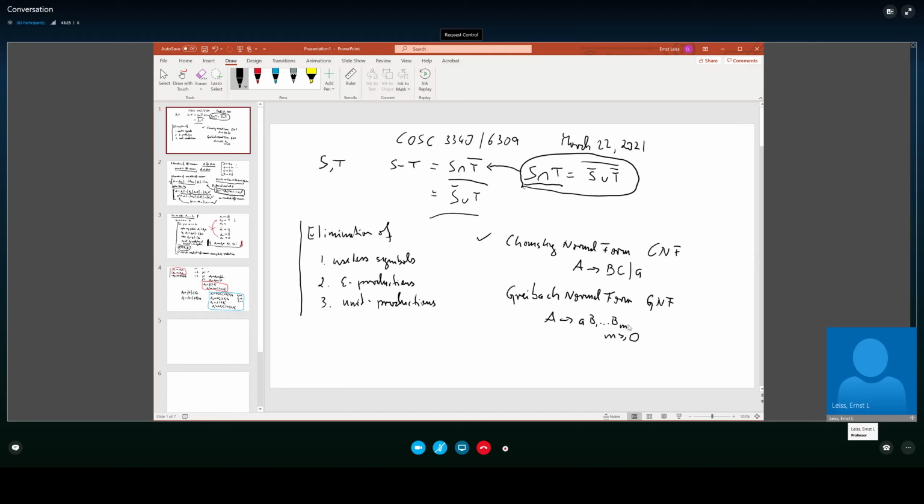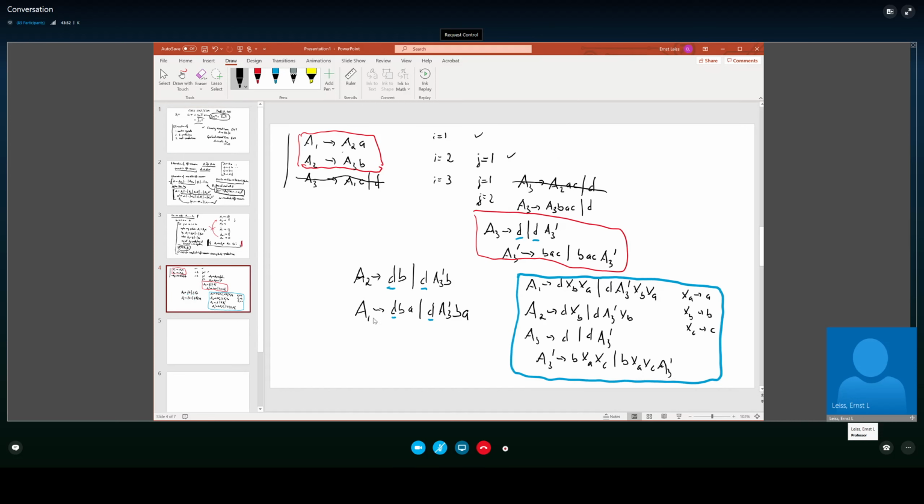So what we have here is the A1 is little d, little b, little a. That production isn't quite correct, because yes, it starts with a terminal, but then it needs a variable here and it needs a variable here. Well, that's the same trick that we've used for Chomsky normal form.